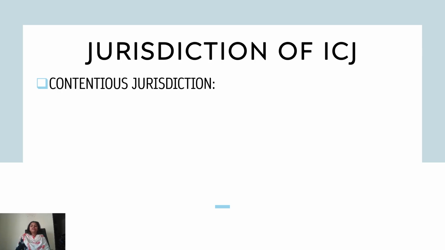Contentious jurisdiction is the jurisdiction that gives the court the power to settle disputes between the states. So whenever two or more states have a dispute between or among themselves, and the dispute cannot be settled by mediation, conciliation, negotiation, or any other pacific mode of settlement of dispute, then they may choose to go to ICJ to settle their dispute.